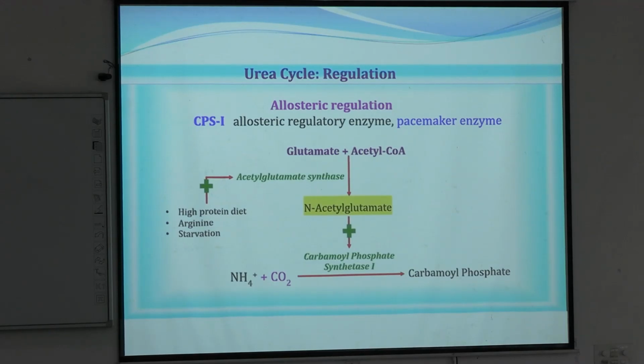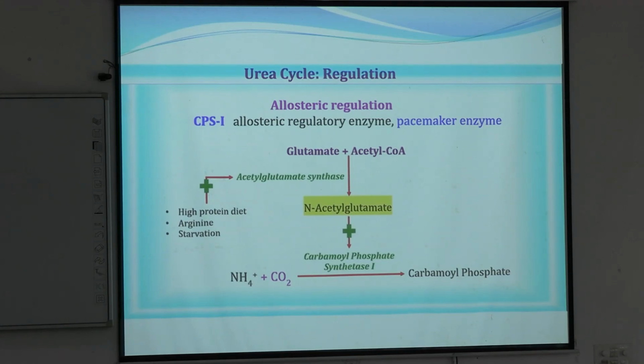Now come to urea cycle regulation. I told you about the main enzyme and the regulatory step. Which step of the urea cycle was the regulatory step? First step, the formation of carbamoyl phosphate by the enzyme carbamoyl phosphate synthetase 1. And it was allosterically regulated by which compound?